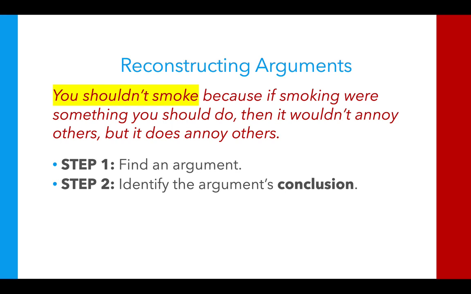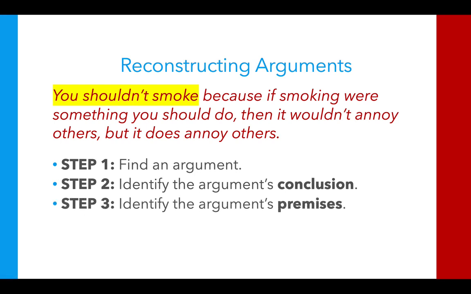Now, when I say what comes after because is a premise, it's also true that what comes before the word because is often a conclusion. So because indicates that a premise is coming, but it's also indicating that a conclusion came before. So that's what our conclusion is.